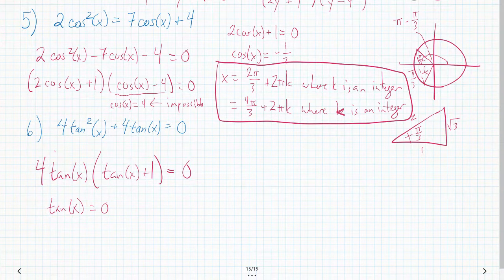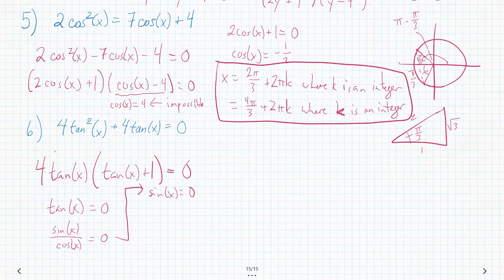Where does that thing equal 0? Well, notice this is sine of x over cosine of x equals 0, so that implies that sine of x equals 0.